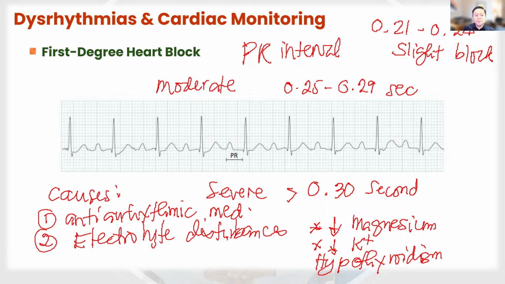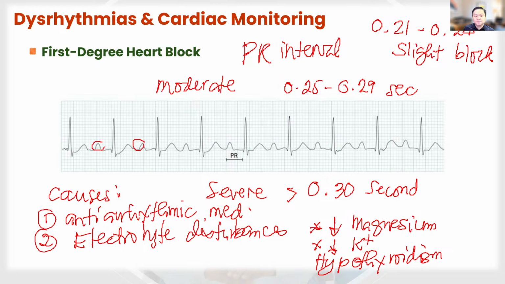Now, when you're looking into the strip, the atrial and the ventricular rhythm are actually looking regular. The rates are probably usually 60 to 100 beats per minute. The P waves will appear normal.